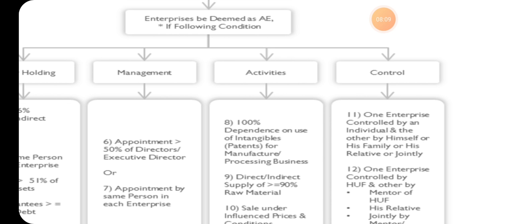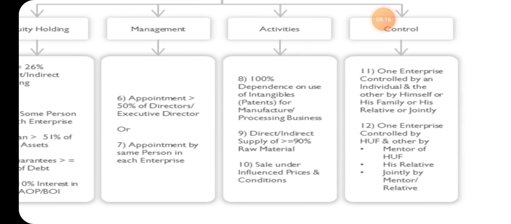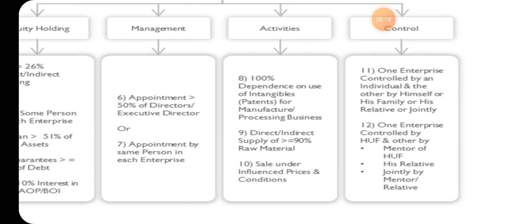Secondly, if an enterprise is controlled by an HUF, Hindu Undivided Family, and the other by the karta of the HUF, his relatives jointly, or by the karta or relative, then it is deemed to be an associated enterprise. So an enterprise is deemed to be an associated enterprise if it has the equity holdings, management, activity and control.